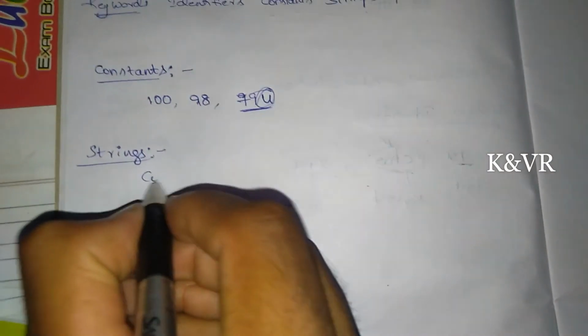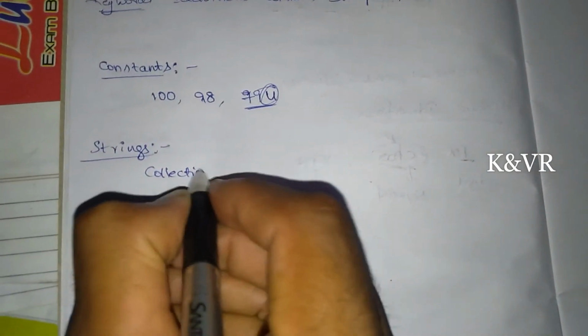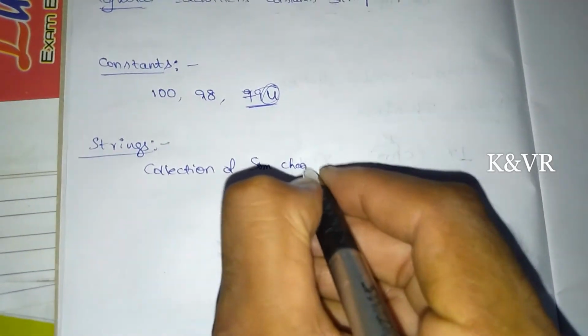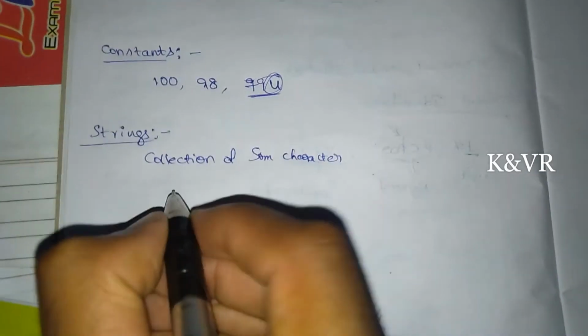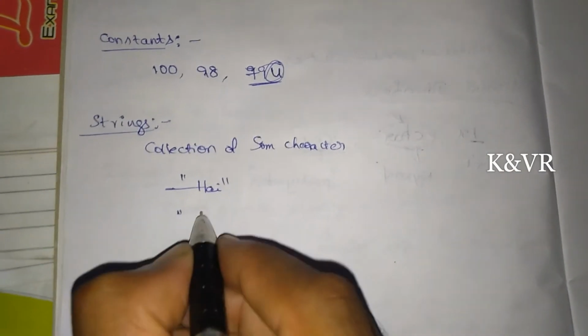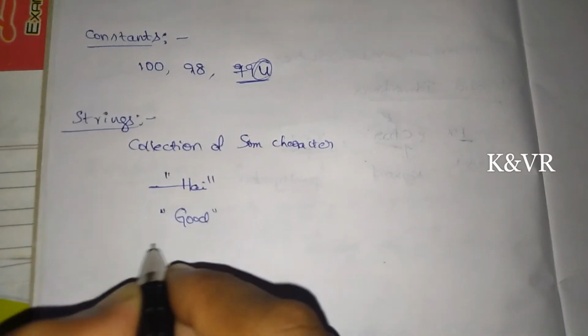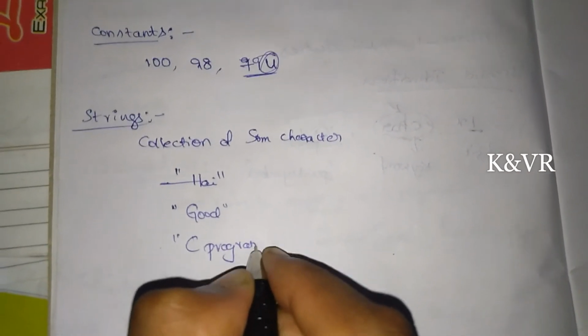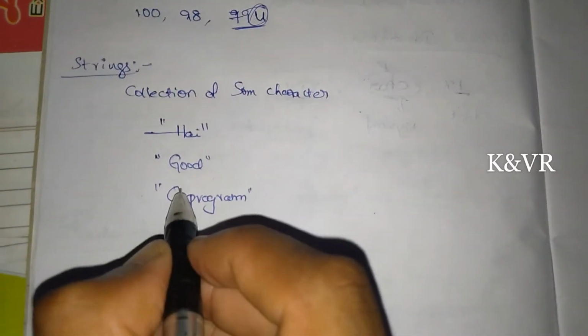A string is nothing but a collection of some characters. Examples: hi, good, C program. A string is a collection of characters.